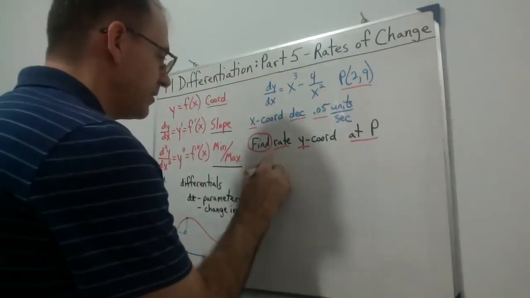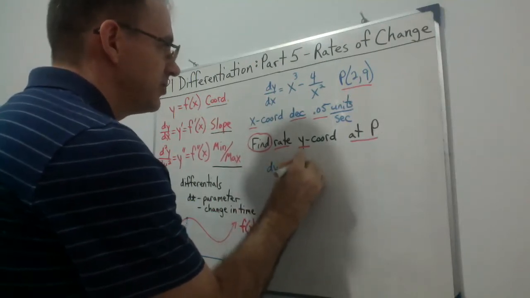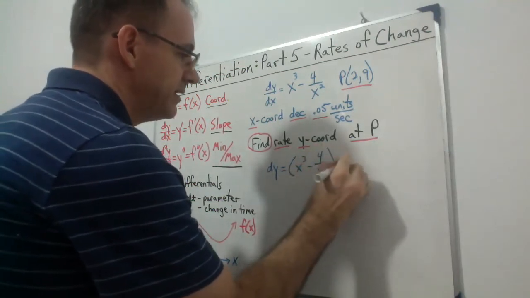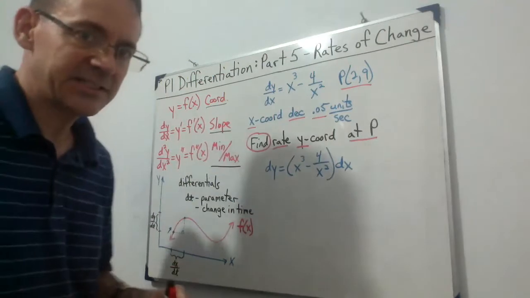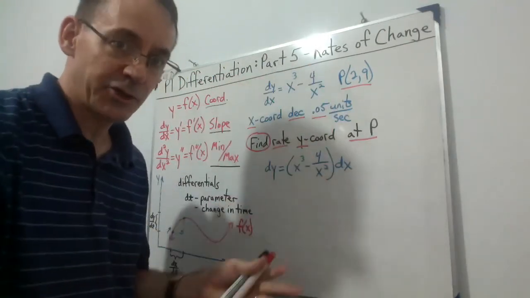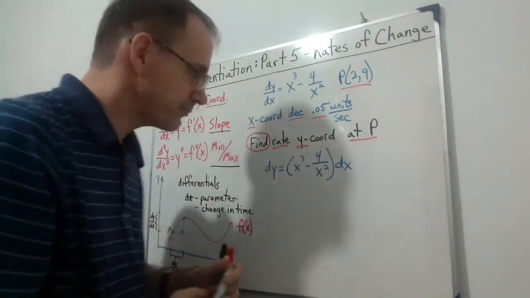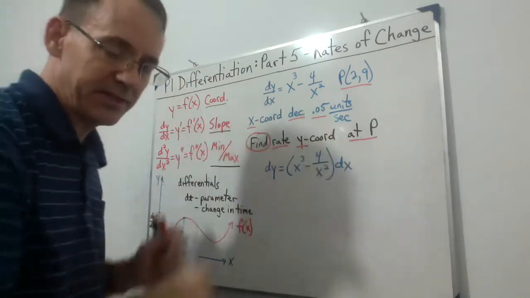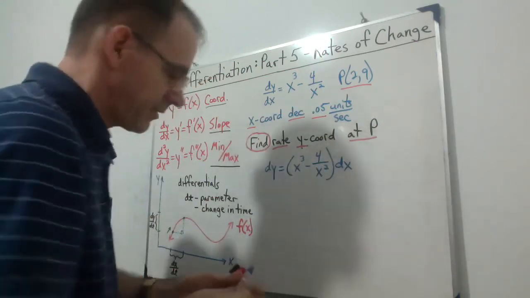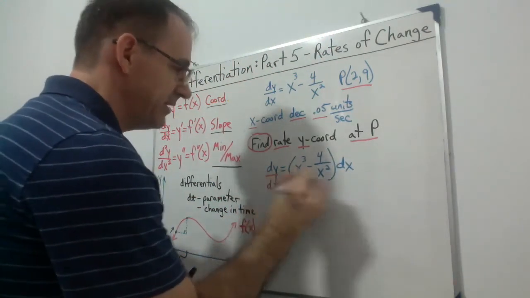So this is going to become dy equals x cubed minus 4 over x squared dx. And this should make sense because you notice that the dx comes over here with the x terms, and the dy is over here where the y usually is at. So we've had to separate the differentials, and now we can introduce the time differential. So we'll divide both sides by dt.